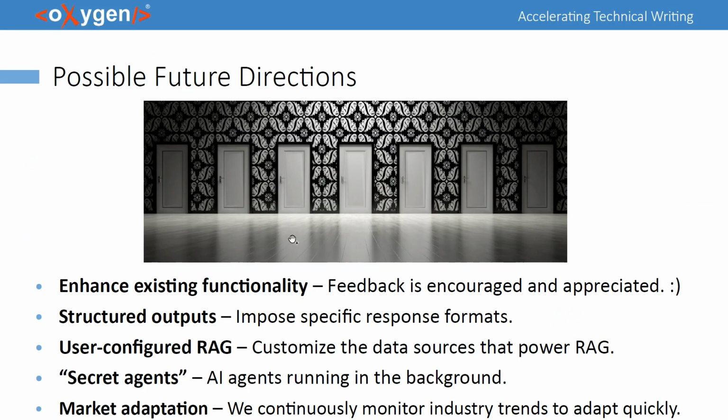I think, Radu, please correct me if I'm wrong, but one answer may be what we are thinking about. This is one of the possible future directions, to let the user customize the data sources that power retrieval-augmented generation, so that you can select, okay, when you do RAG, also take into account the style guide that is found here.